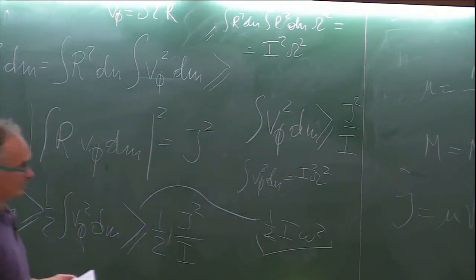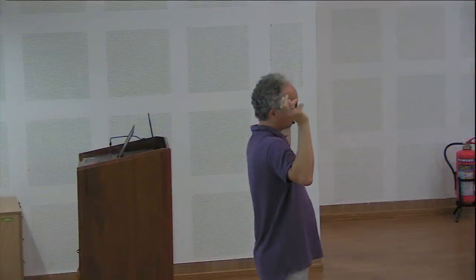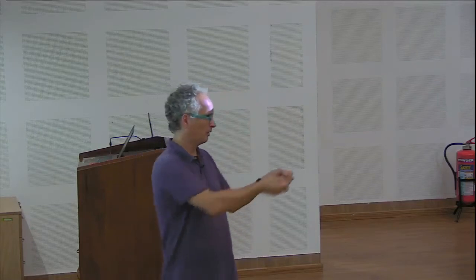So this is the theorem, and what are the consequences? If we have a binary system and we want to make it look like it's rotating rigidly, we have some energy dissipation, we can get energy out of the system.